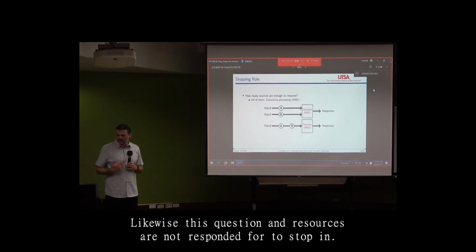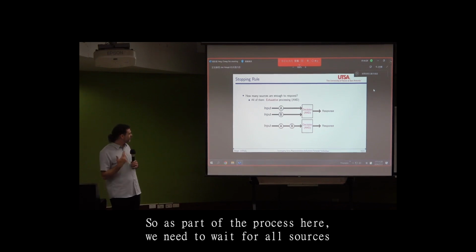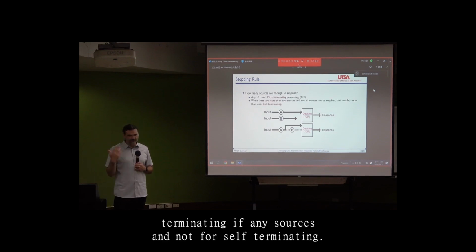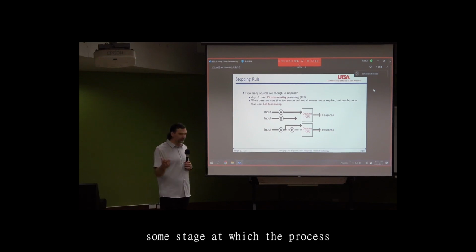Likewise, this question of how many sources are enough to respond, we refer to as stopping rule. Often, particularly in these simple cases, it just maps onto a logical gate. So at exhaustive processing, we need to wait for all sources. The first terminating, if any source is enough, or self-terminating, that there's some kind of stage at which the process can stop.